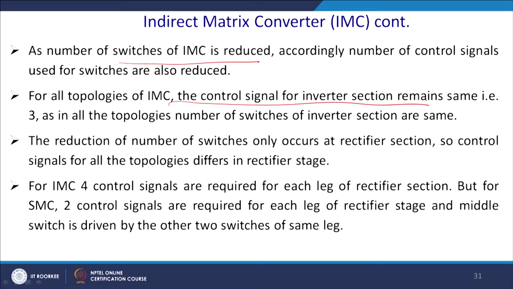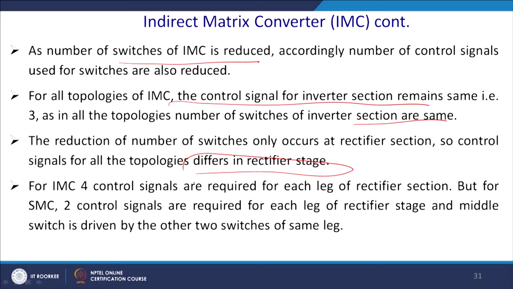That means all the topologies have the same number of inverter switches. The reduction of the number of switches only occurs at the rectifier sections. So, control signals for all the topologies differ only in the rectifier stage. So, there is no change in the inverter control stage.